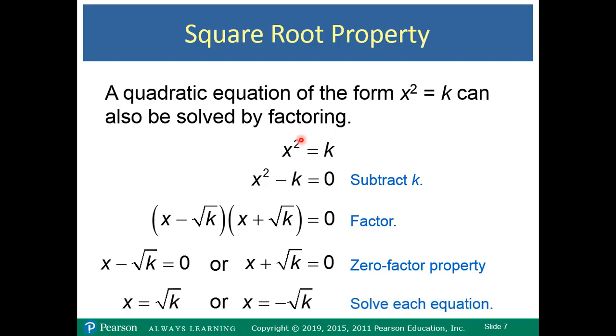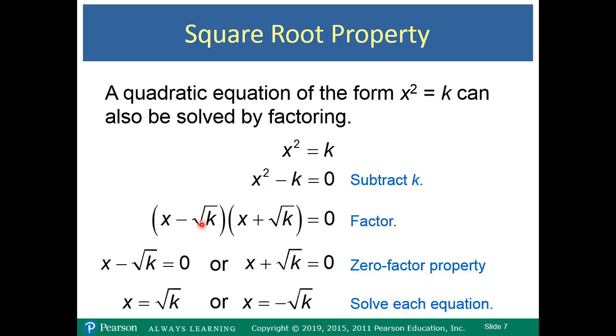And look at that, see? The square root property says we could take the square root of both sides and we get x is equal to plus or minus the square root of k. But look at this. If you start with the standard form and you factor this, think of this as a difference of two squares, where we've got the square root of k times the square root of k. And so we can write this as x minus a and x plus a.